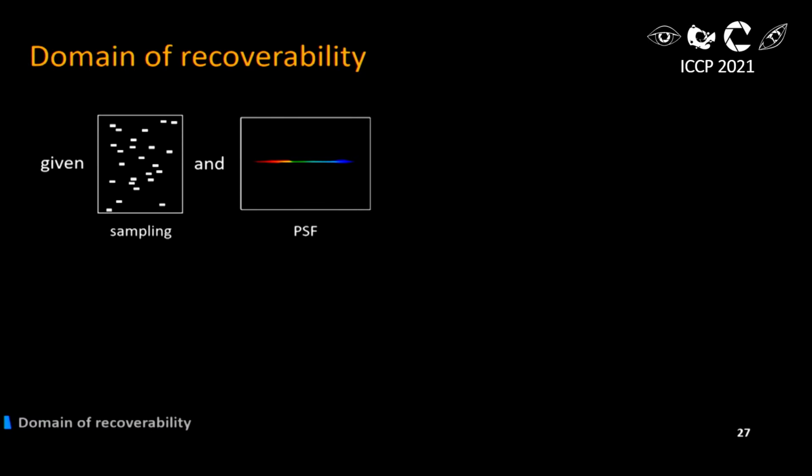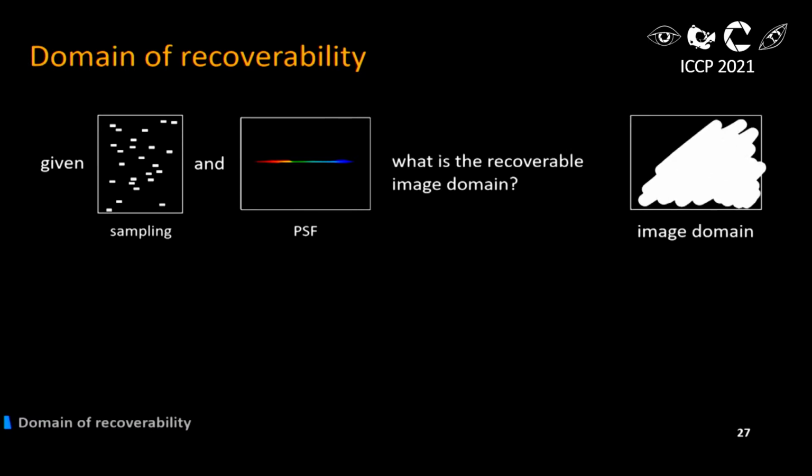So before we get to the results, I'm going to mention another piece of the puzzle which I will not have time to present here. Some of you might be asking the question, given a sensor sampling and the point spread function, am I guaranteed to recover a point everywhere in the field of view? And if not, then where?